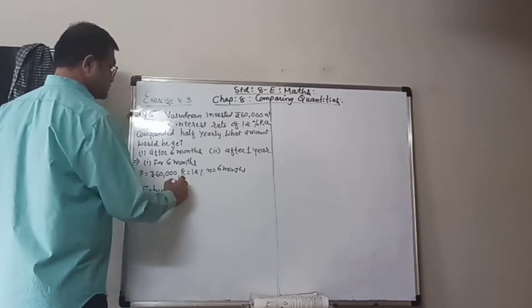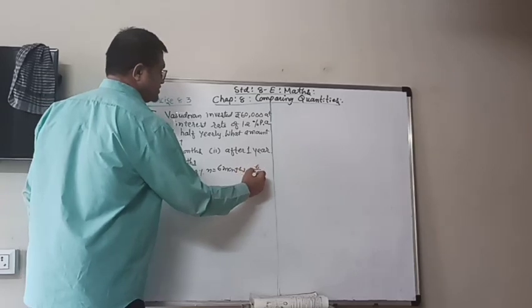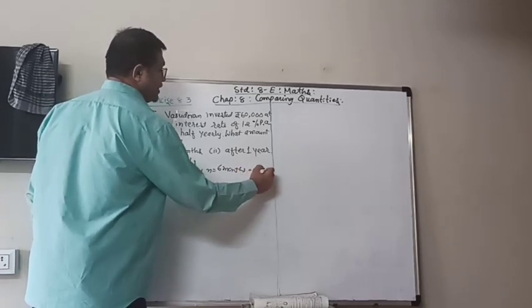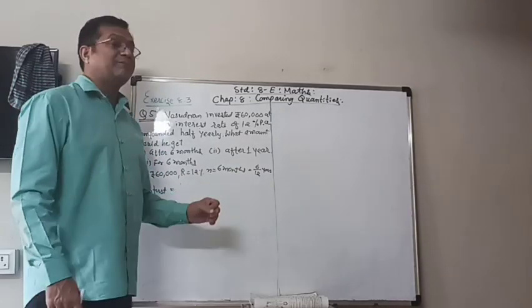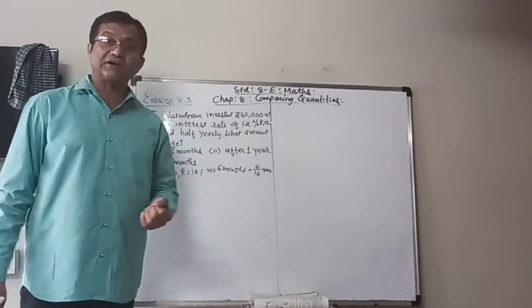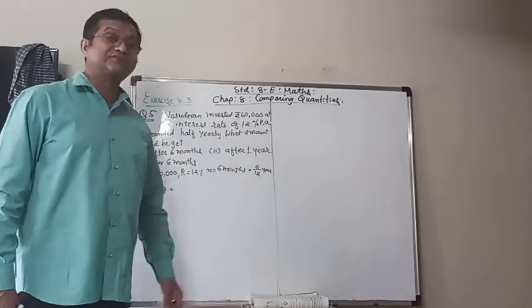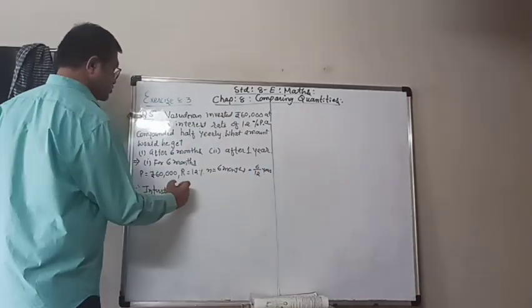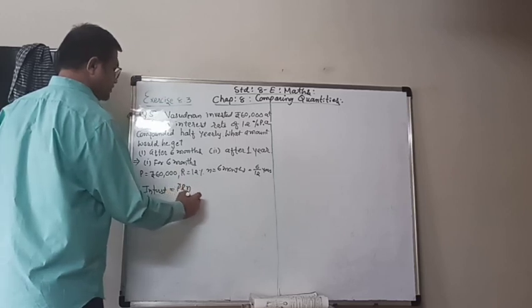is equal to, but before that, 6 months is written as 6 upon 12 years, because we can write the time period only in terms of years. So 6 will be divided by 12 to make it years. So interest is equal to PRN upon 100.